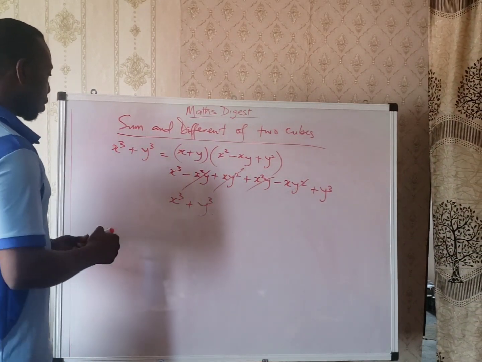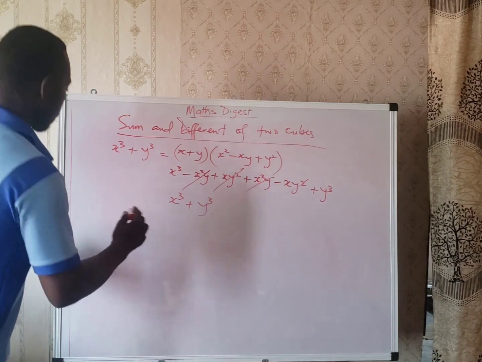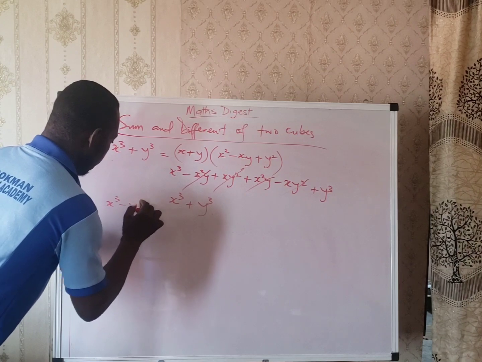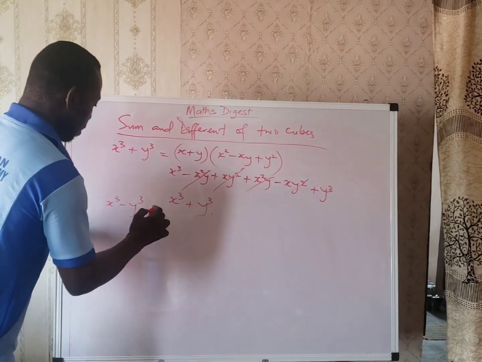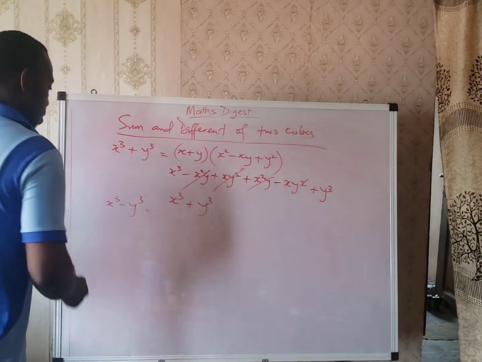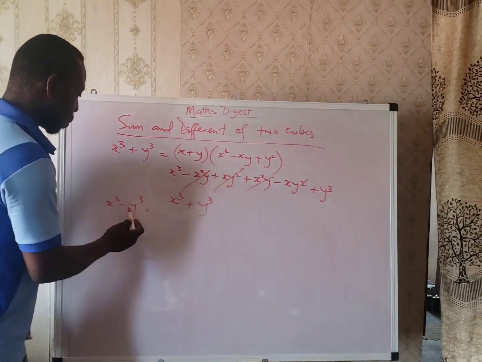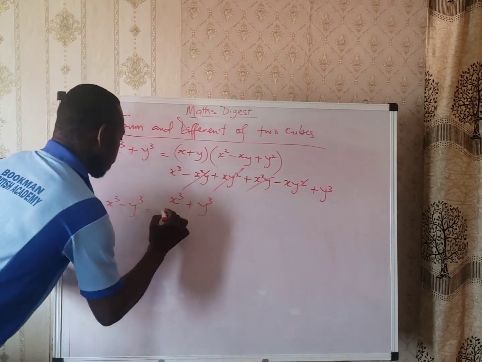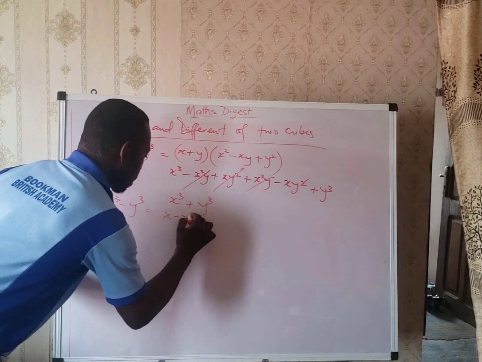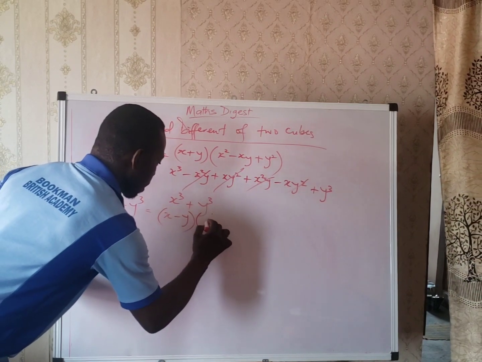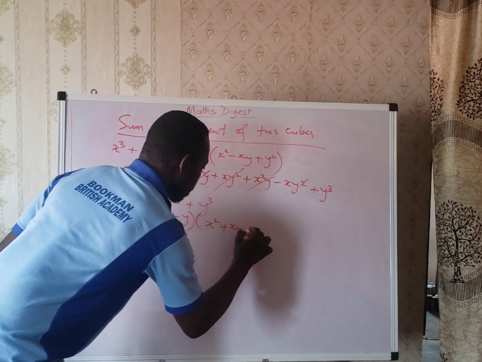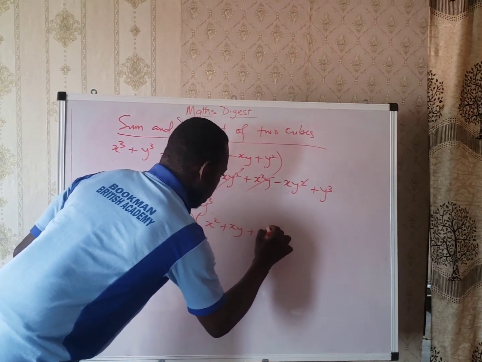Now, if you come for x cubed minus y cubed, this quickly will give us x minus y in brackets, x squared plus xy plus y squared.